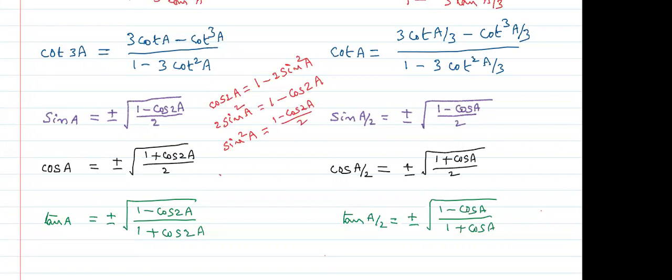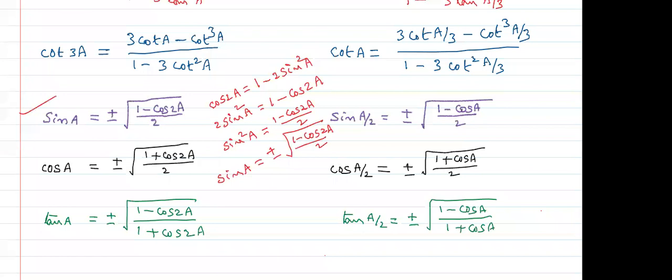Okay, students, now the square sent to the right hand side, we get plus or minus under root 1 minus cos 2a divided by 2. Students, did you understand how we got the sin a formula? Plus or minus under root 1 minus cos 2a divided by 2.